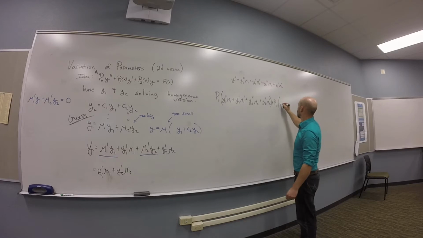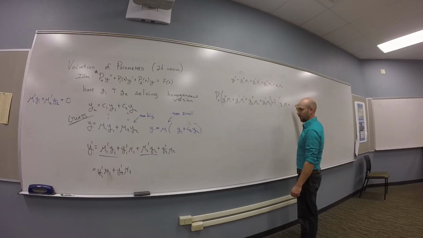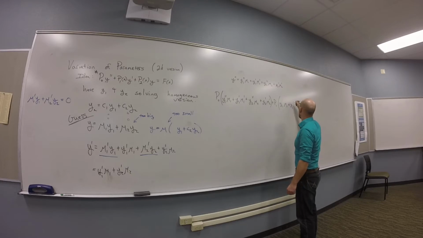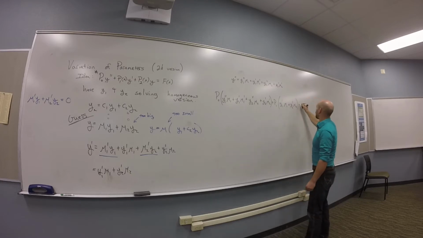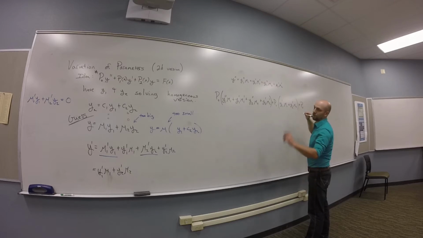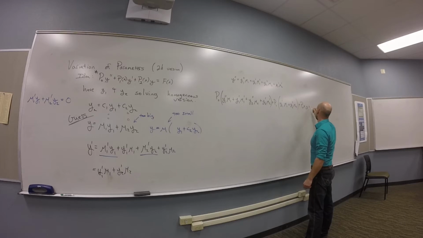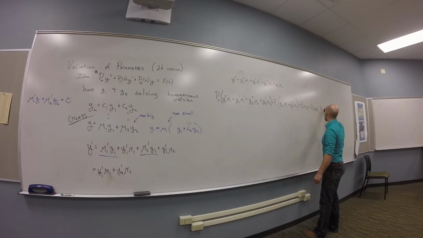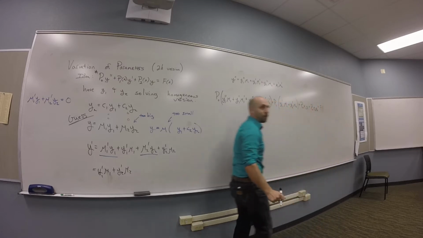And so I got y1 prime mu1 plus y2 prime mu2. And then I have plus P2 times mu1 y1 plus P2 times mu2 y2. And the whole thing's supposed to be f. Oops, and I guess I dropped the of x's on everything else, so I'll drop it over there too.